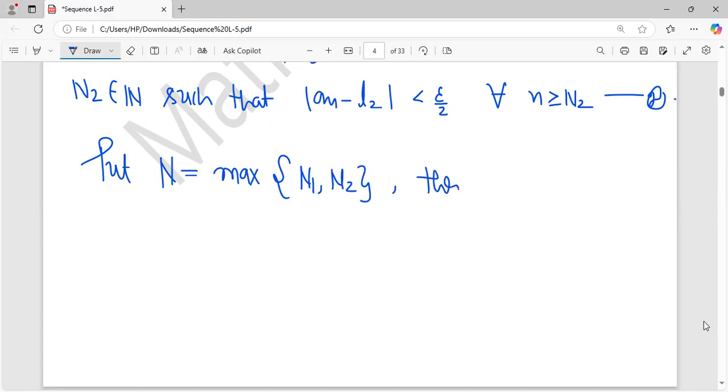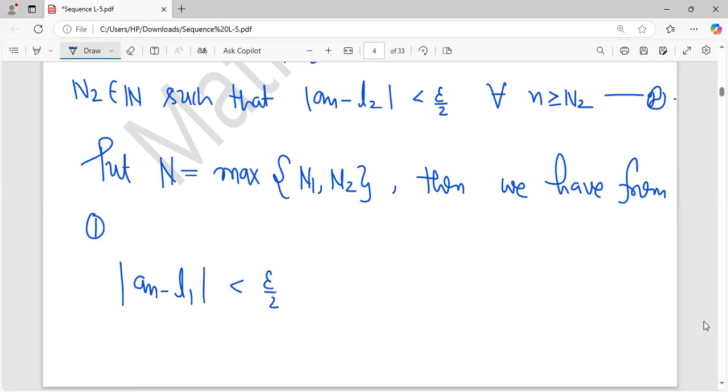Then from equation 1, we have |an minus L1| is less than epsilon by 2 for all n greater than capital N, because capital N is greater than N1.